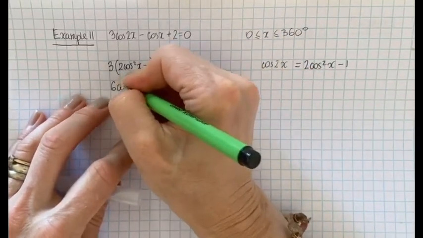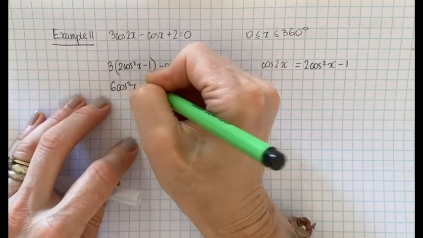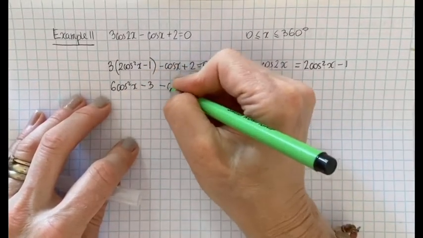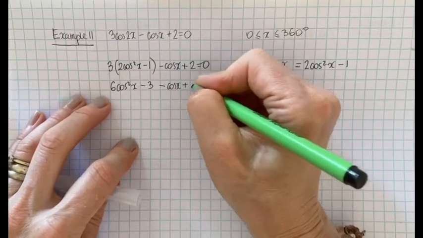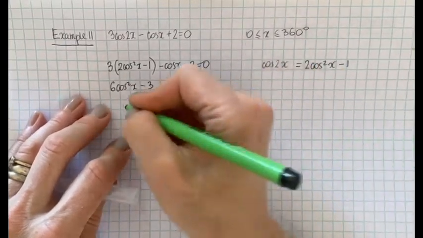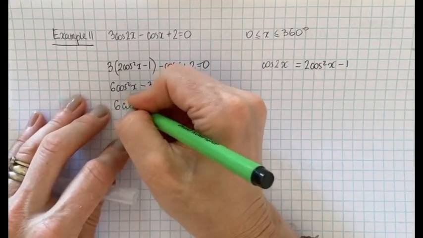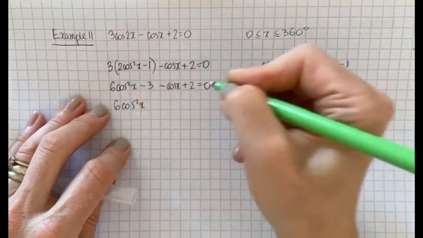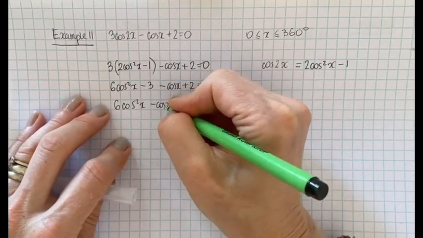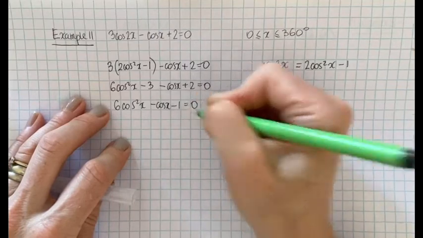Expanded, you've got 6 cos squared x minus 3 minus cos x plus 2 is 0. So you've got 6 cos squared x minus cos x minus 1 is equal to 0.